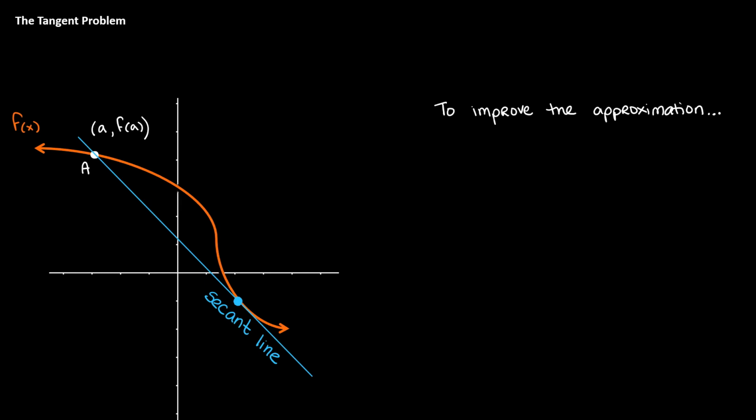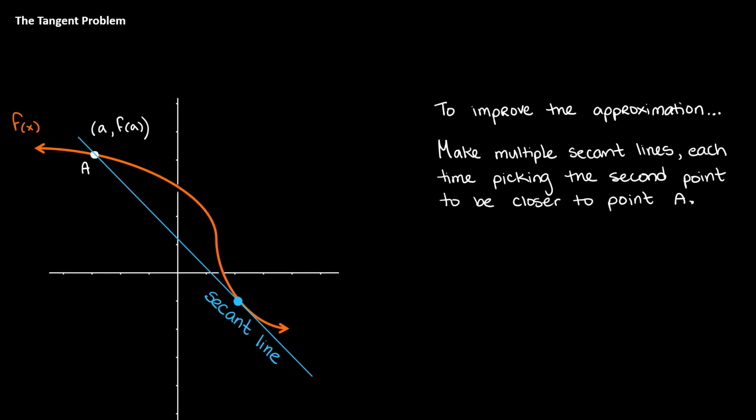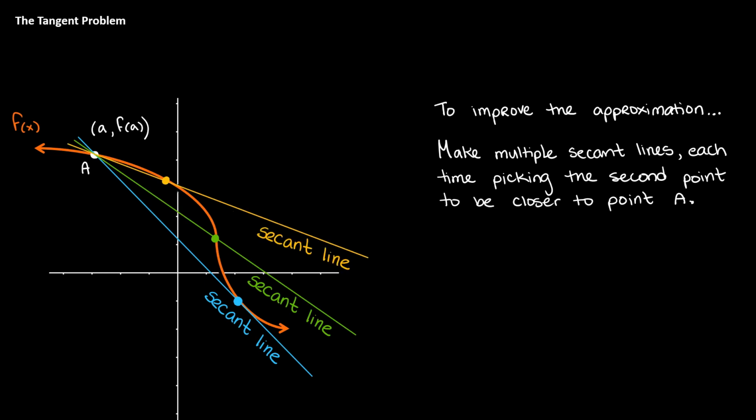So to improve the approximation, we make multiple secant lines. Each time, we're going to pick a point that's even closer to the point A. Our goal is to approximate the rate of change for the function f at the point A. And here we have 3 secant lines drawn.